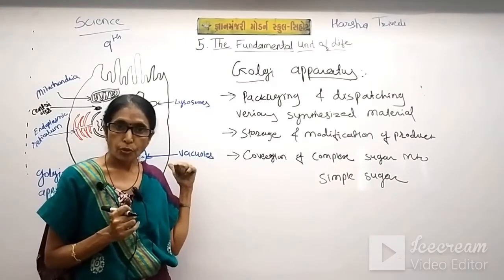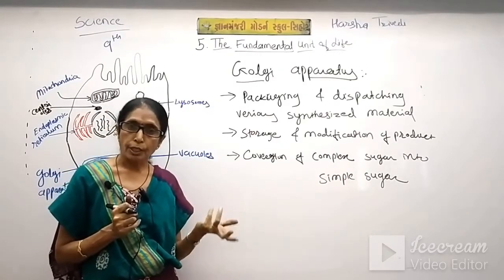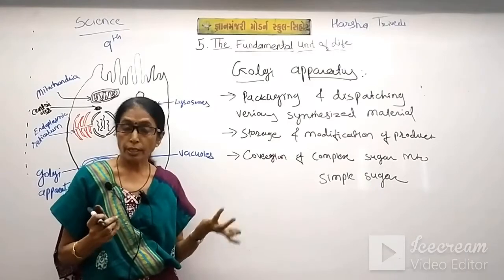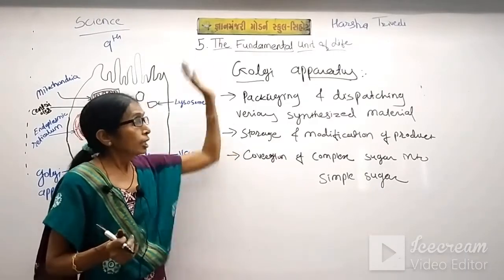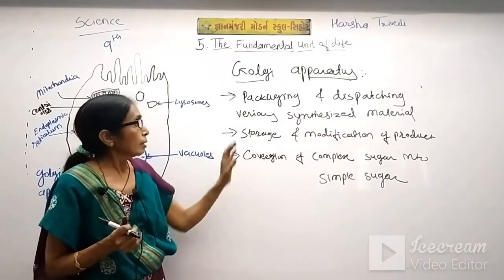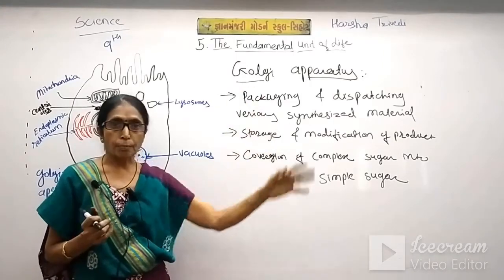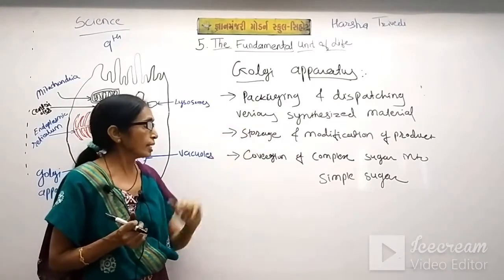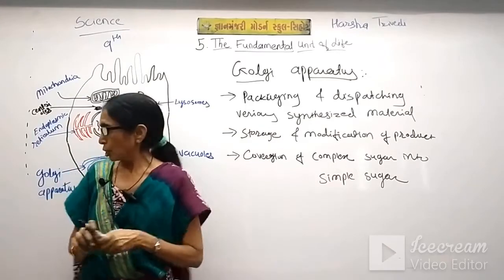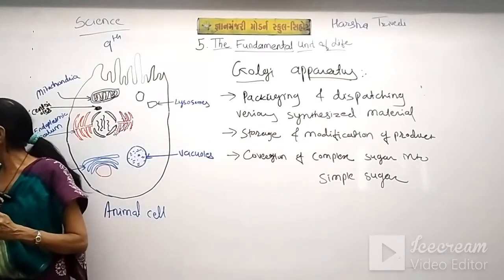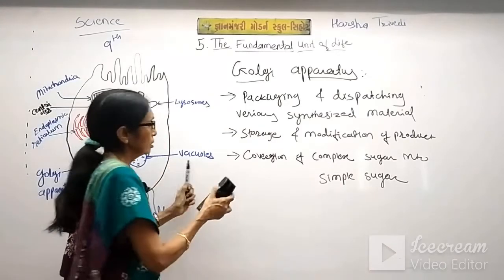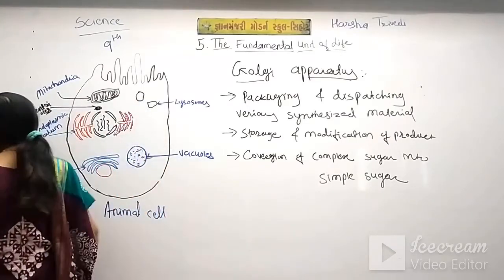The ribosomes or ER are responsible for the synthesis of proteins and lipids, and here the Golgi apparatus does the packaging and dispatching of the synthesized material, and also the storage.